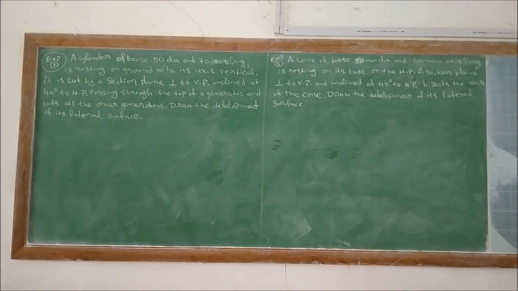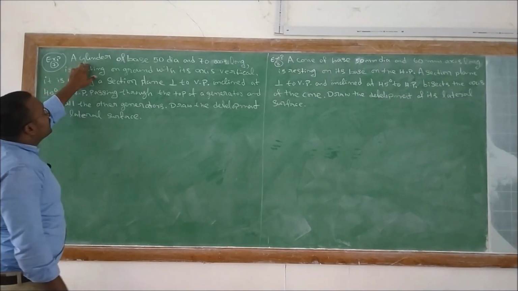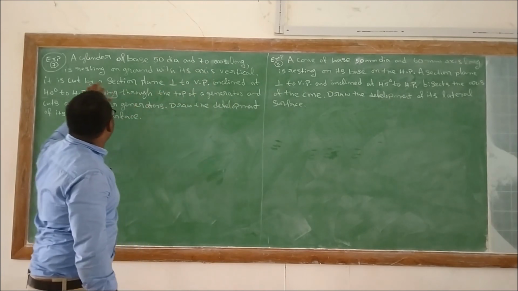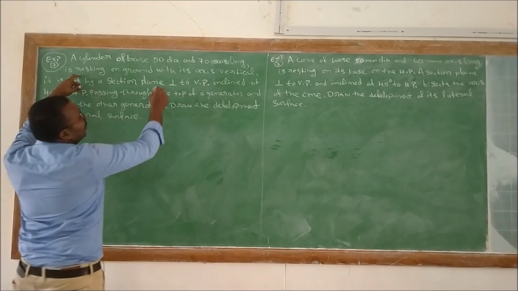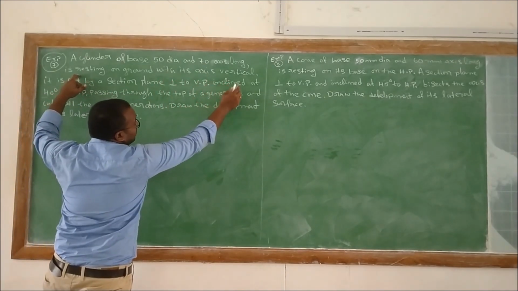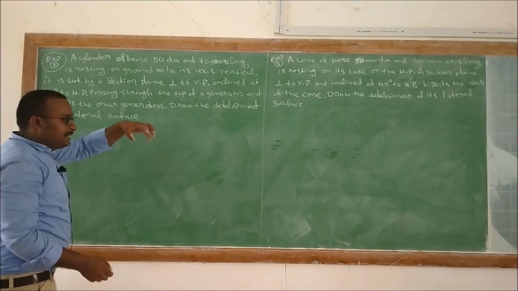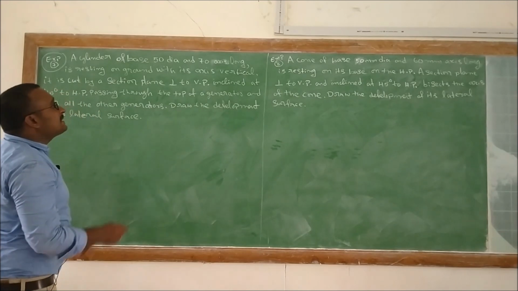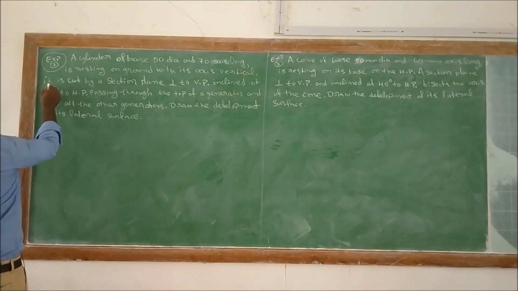So here in 7th example, a cylinder of base 50 mm diameter and 70 mm axis long is resting on ground with its axis vertical. The cylinder is resting with its base on HP, so that the axis is perpendicular to the HP.